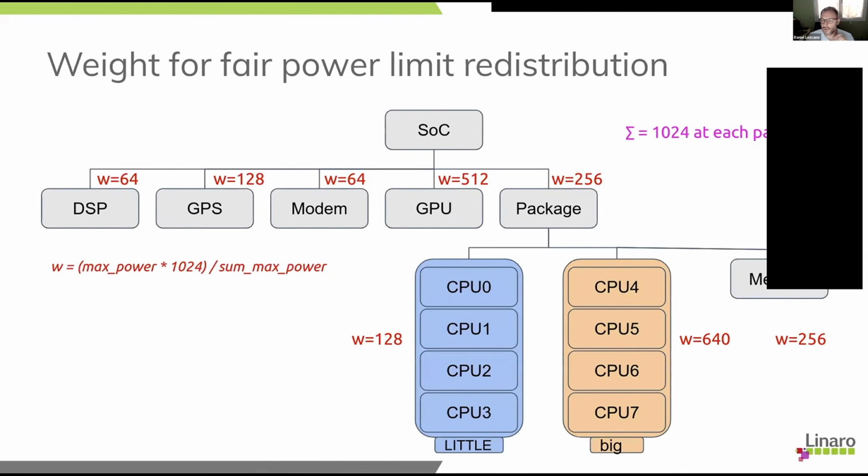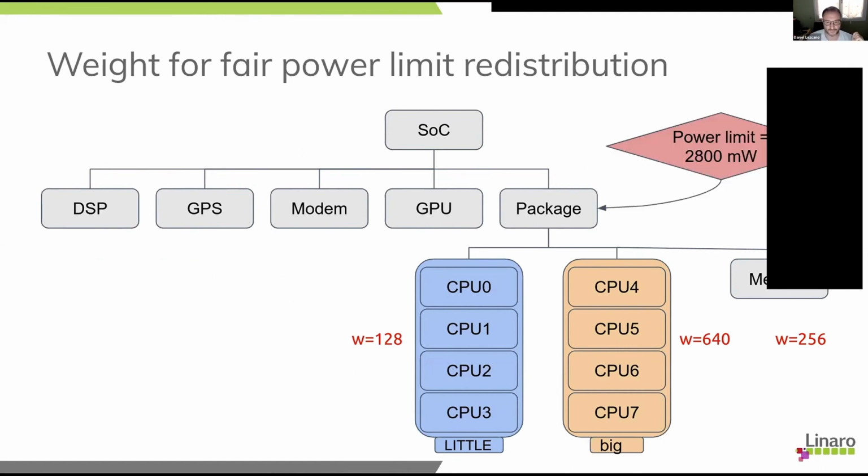So if we take an example here for power distribution, let's imagine we have the weights here. We compute the weight given the maximum power consumer, the big CPU. We have this weight, and the sum of the weights is 1024, which is usually what we do in the kernel to compute percentages.